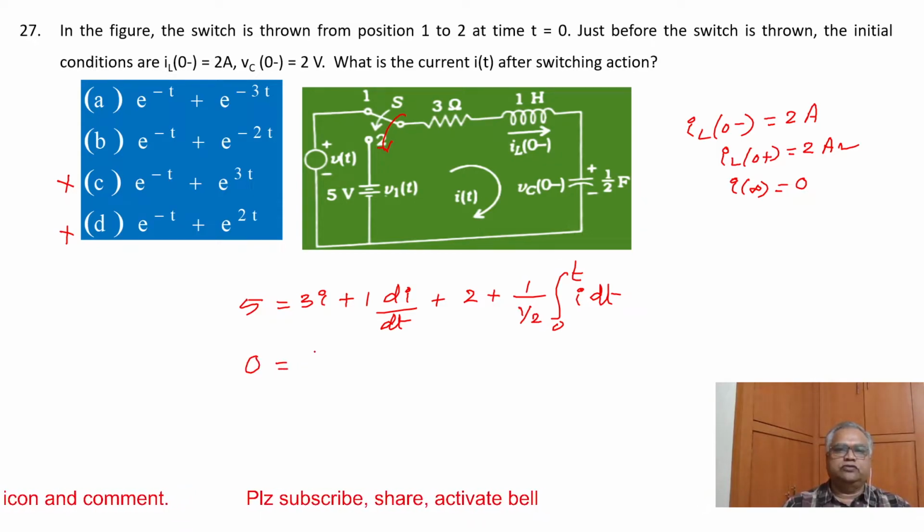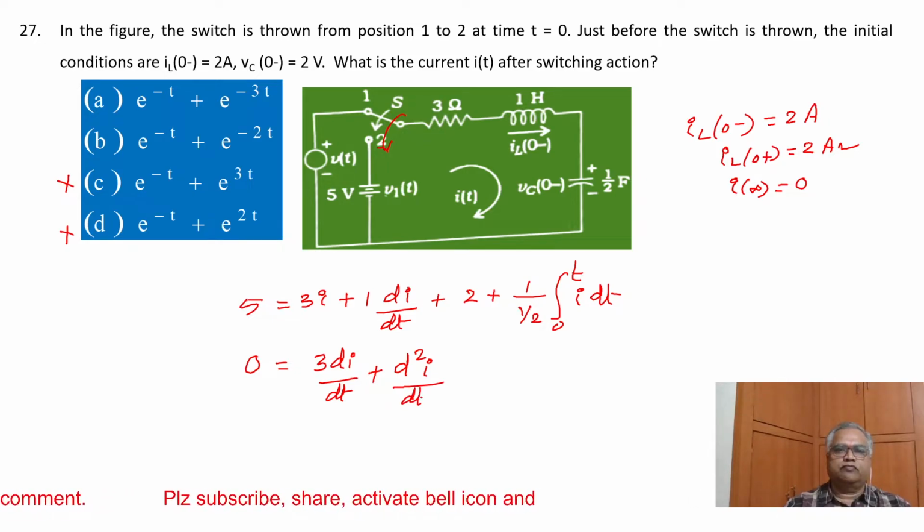So 0 equals 3 di by dt plus d square I by dt square plus, the derivative of 2 is 0, then 2 will come in the numerator, so 2I.